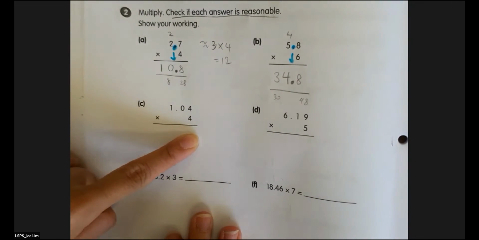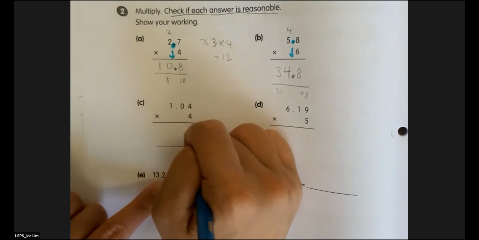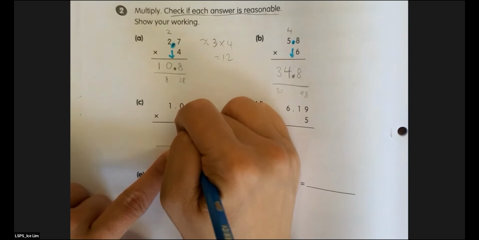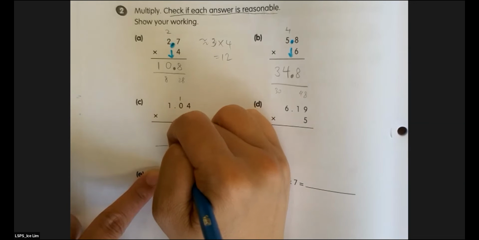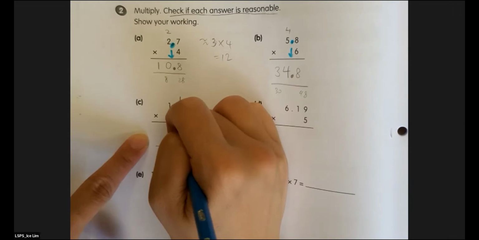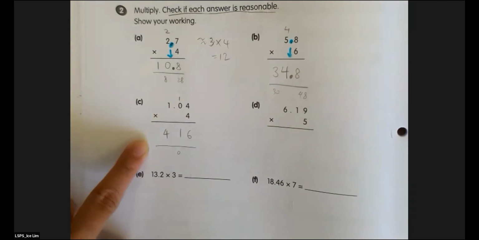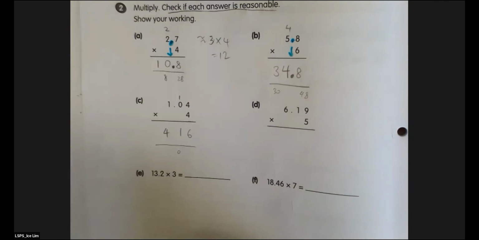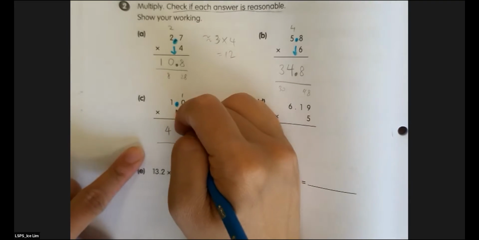So 1.04 times 4, I do like how I would do a normal one. Okay? 4 times 4, 16. Regroup as per normal. So 0 times 4 is 0. Then 1 times 4, 4. So if it's 104 times 4, the answer will be 416. But it's not 104. It's $1.04. So I bring down the decimal point.